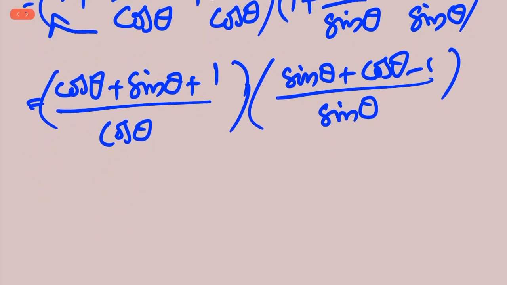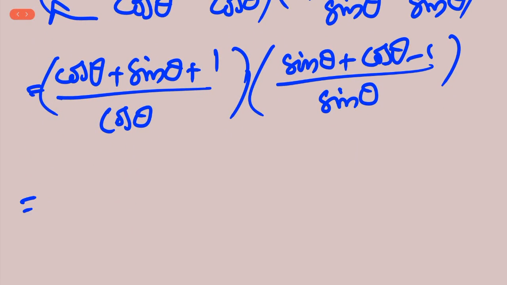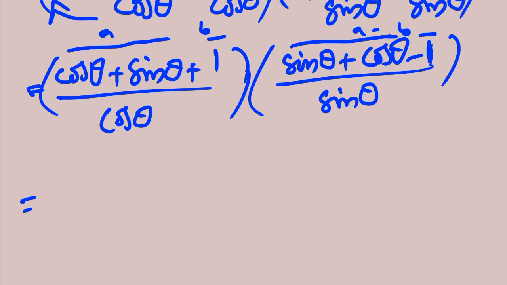And the next step is, if I consider cos theta plus sin theta as A, and this one is B, that means it is in the form of A plus B into A minus B. So A plus B into A minus B is equal to A square minus B square. We have an identity.